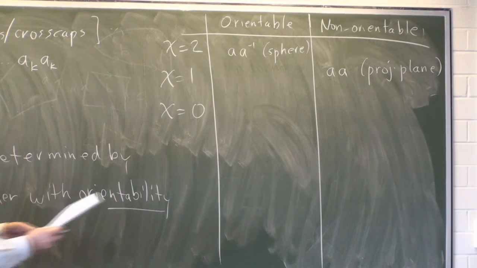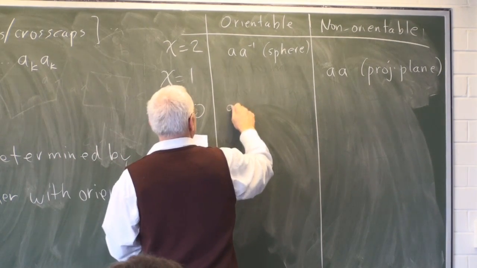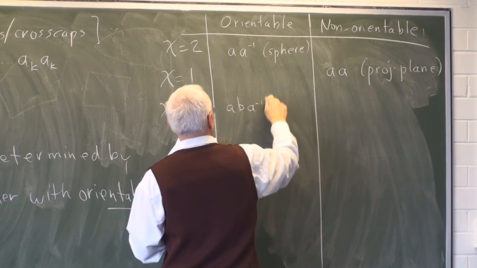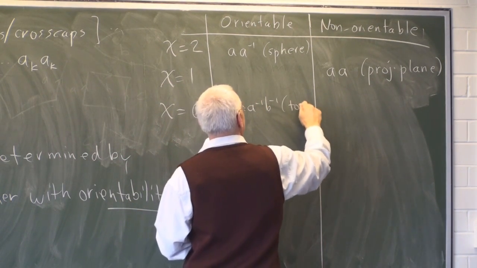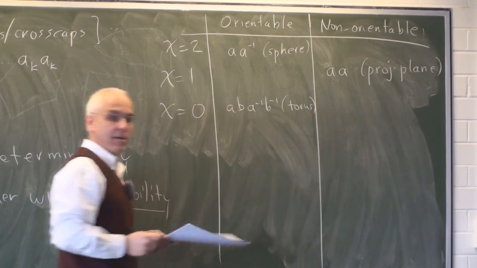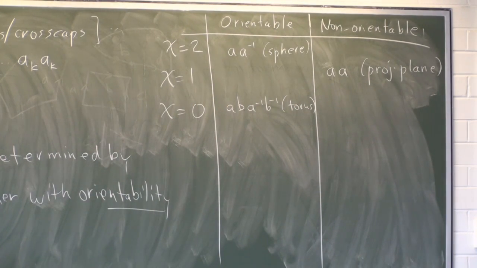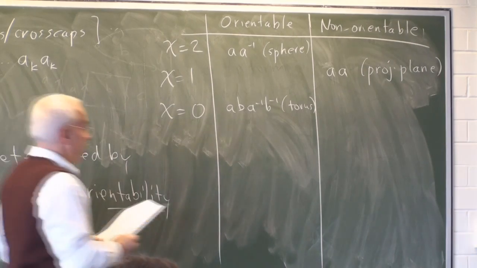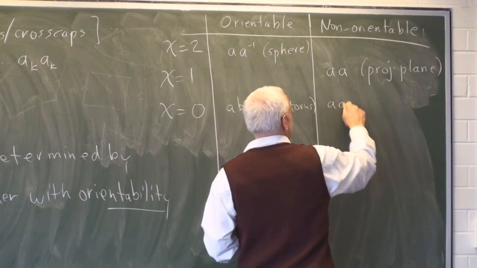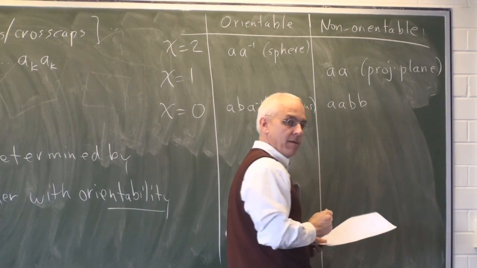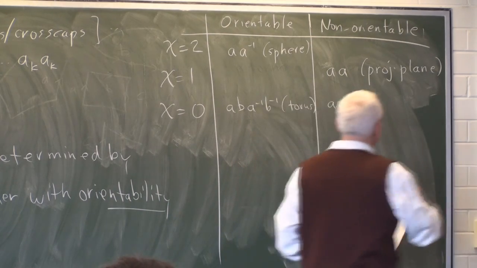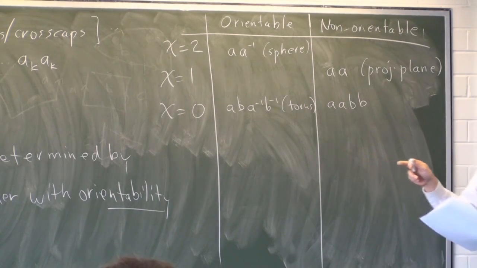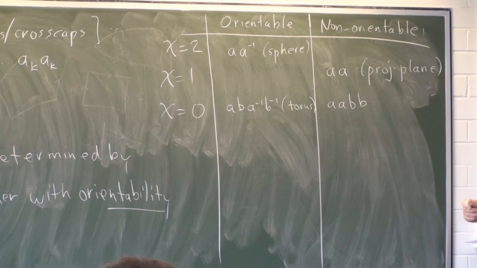One is A, B, A inverse, B inverse. That's a torus. Another possibility is A, B, A, B, which is a sort of another form for the Klein bottle.